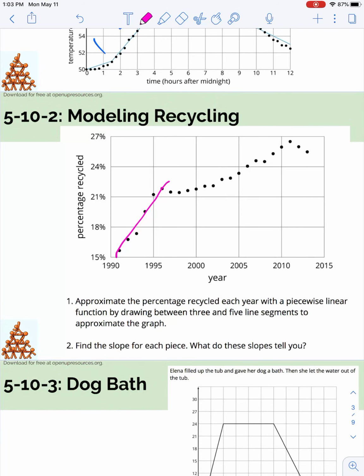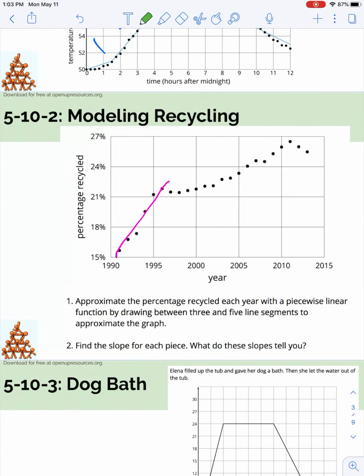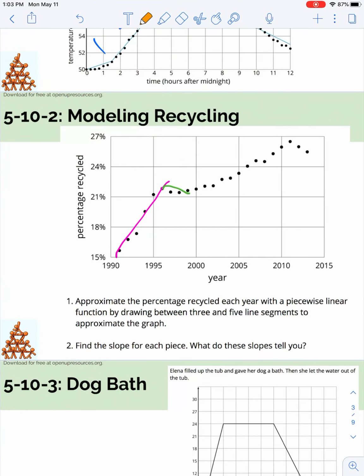And then I'll do this in different colors. It looks like it goes down from that point to like that, and then it goes up for a really long time.